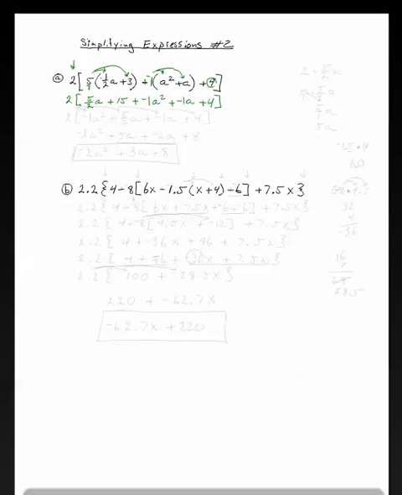So a squared, and then the a terms, and then the constant or number terms. So we've got 2, and then a bracket, and then we've got negative 1a squared plus 5/2 a plus negative 1a plus 4.